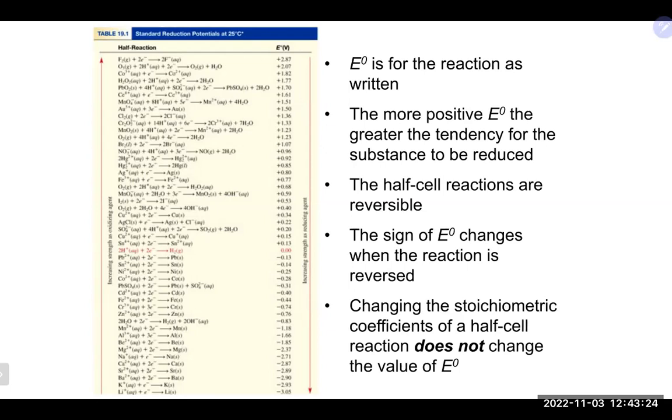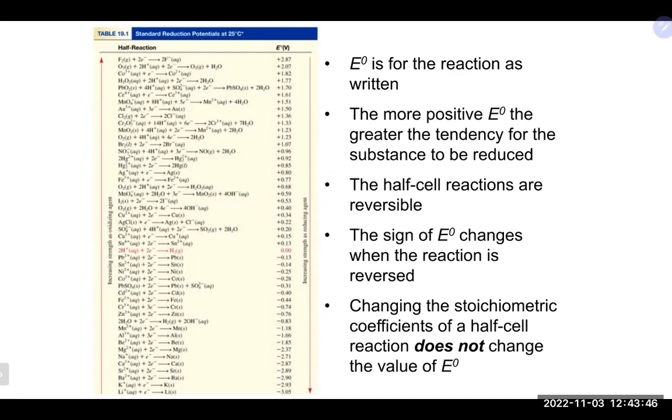And you will see again that they are all reduction half reactions. So let's talk a little bit about the values that you'll find in these tables and what they mean. The E is for the reaction as it's written. So when you pull it out of this table, the E value you are stating is really for the reduction half reaction that's happening.